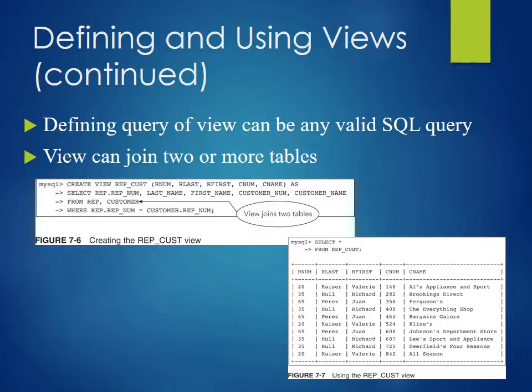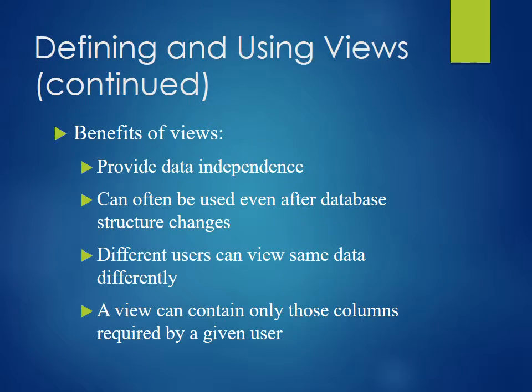You can also create views when you join two or more tables, and you can see that example here or in figures 7.6 and 7.7 in your book. Some of the benefits of views include providing data independence, since they can often be used even after the database structure changes.